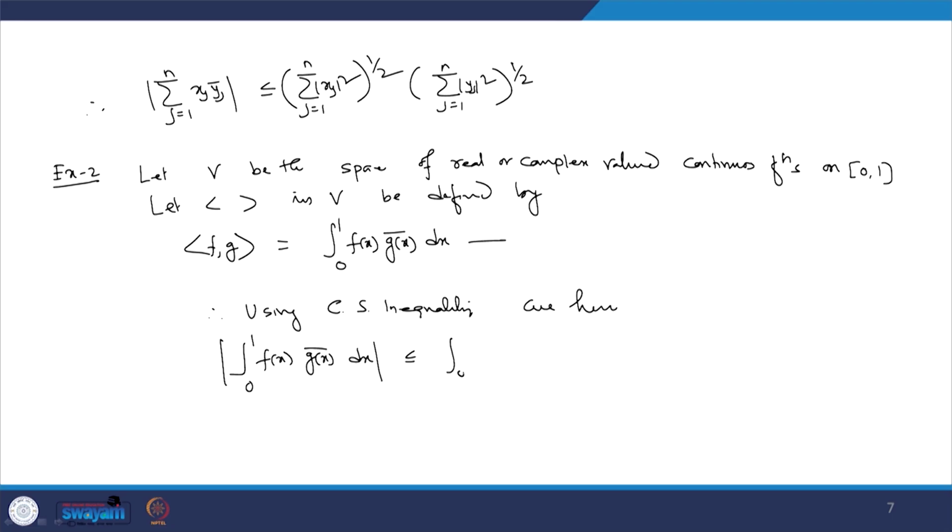That is, the integral from 0 to 1 of mod of f of x whole square dx, whole power 1 by 2, and again the integral from 0 to 1 of mod of g of x whole square dx, power 1 by 2.